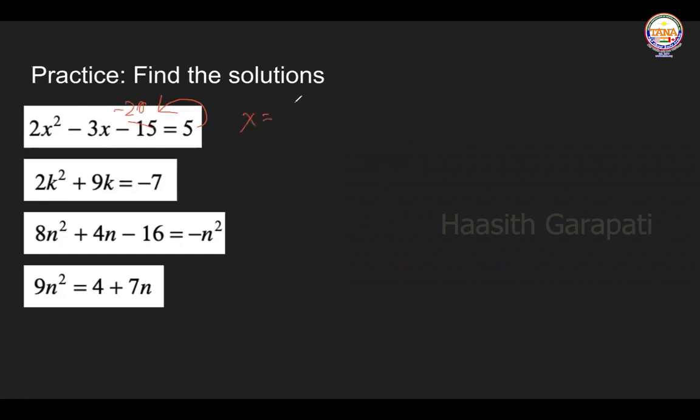So we're gonna have x is equal to 3 plus or minus the square root of 9 minus 4 times 2 times -20, over 4. What does all that add up to? 9 plus 160 is equal to 169, over 4.